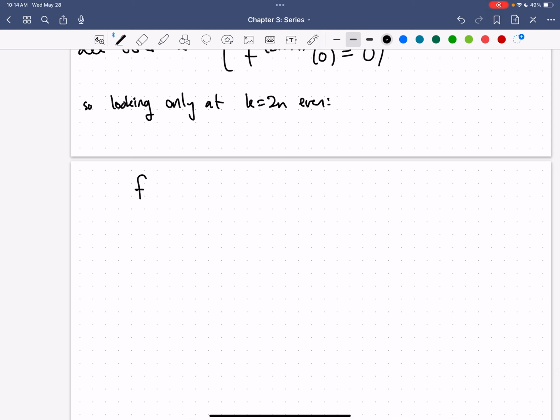Basically, here we've got f, 2nth derivative at 0 over 2n factorial times x to the 2n. This is like what we technically have. And then on the right-hand side, I'm going to put what we actually have.